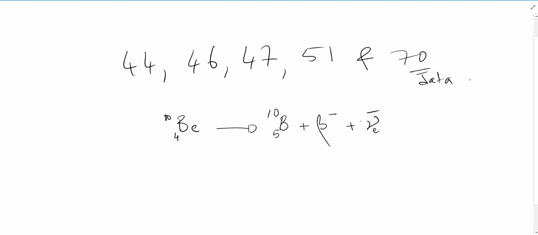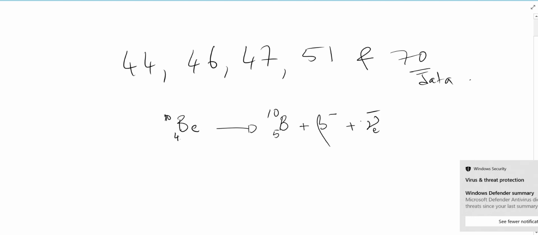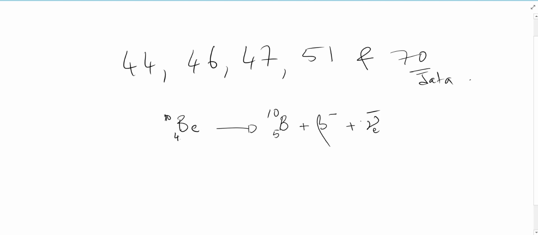Okay, so let me look at the element in the periodic table. Looking at the table that I mentioned in the lecture, table 43.2 is a very important table for all of these homework problems.